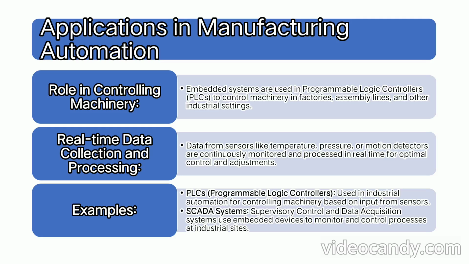Data from sensors like temperature, pressure, or motion detectors are continuously monitored in real time, for optimal control and adjustment. For example, PLC and SCADA supervisory control systems are used in embedded systems to monitor and control processes at industrial sites.